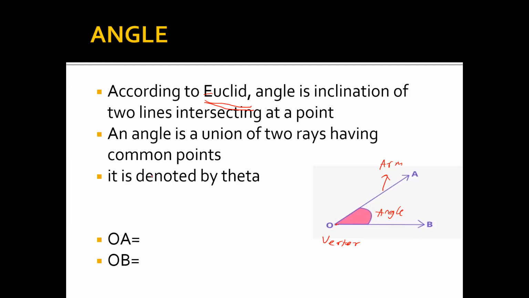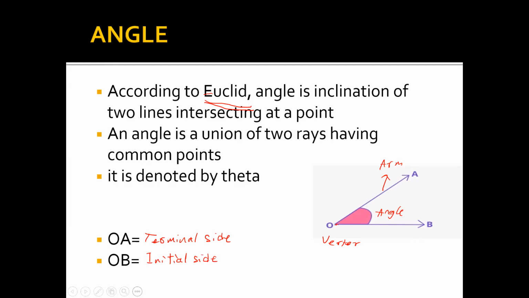The OA arm is called the terminal side, and OB is called the initial side.